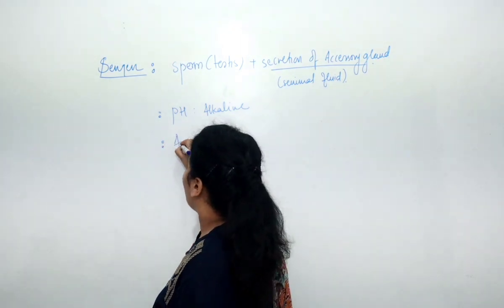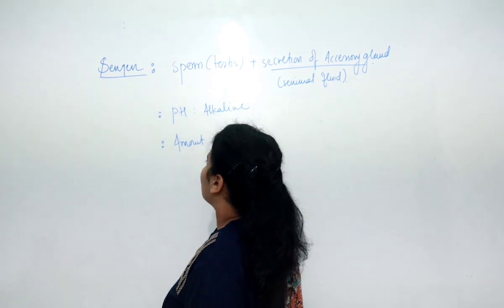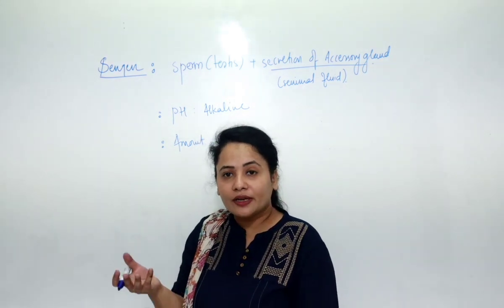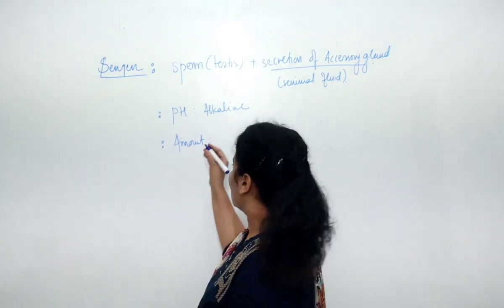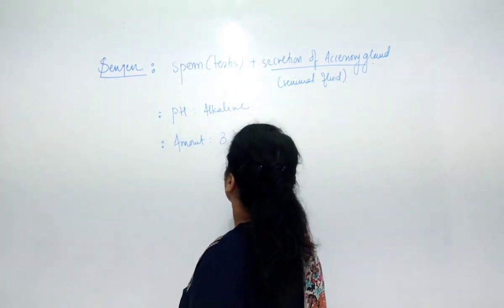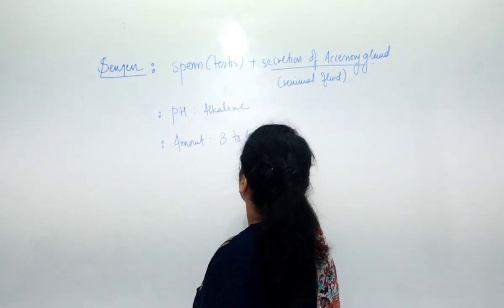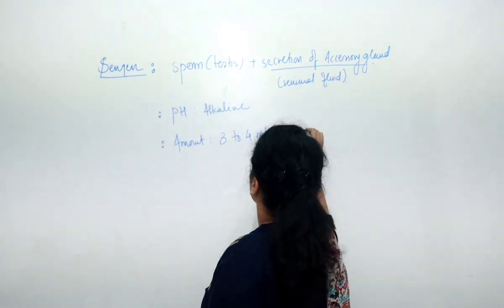Further, the amount secreted per ejaculation, meaning during one intercourse, how much semen is released? The amount is 3 to 4 ml per ejaculation.